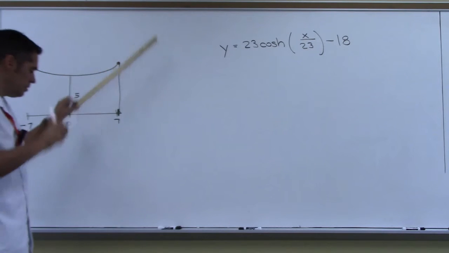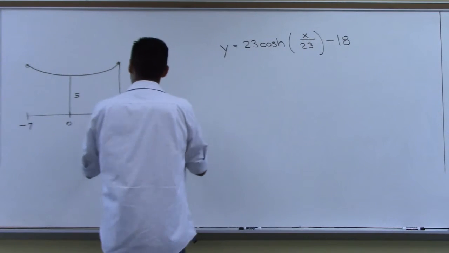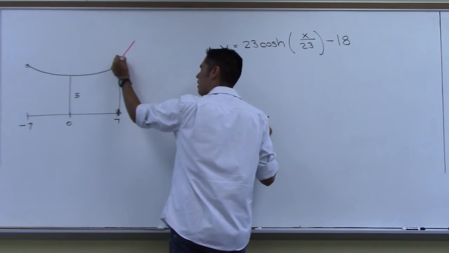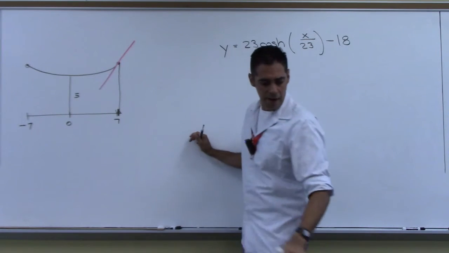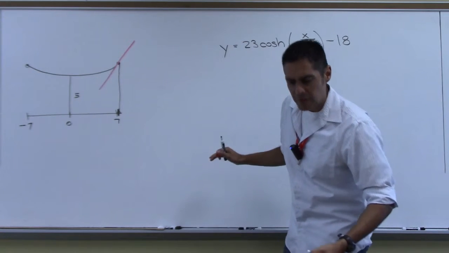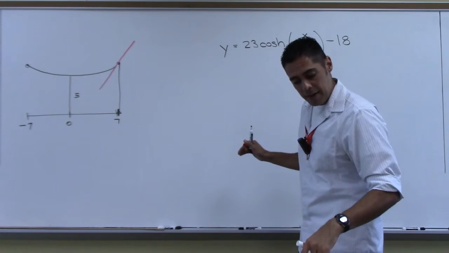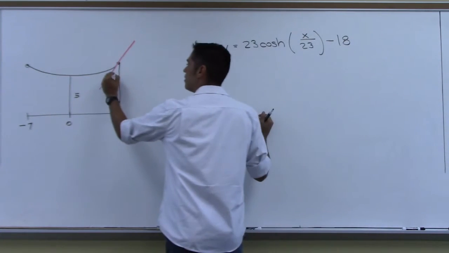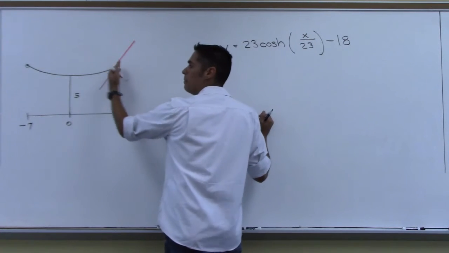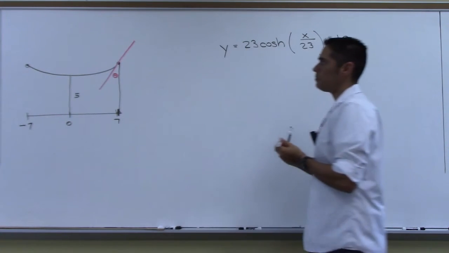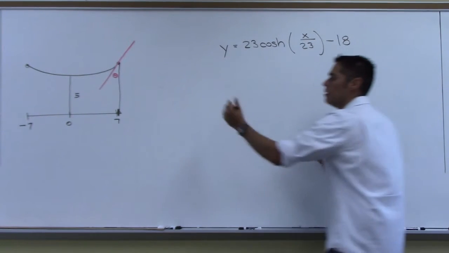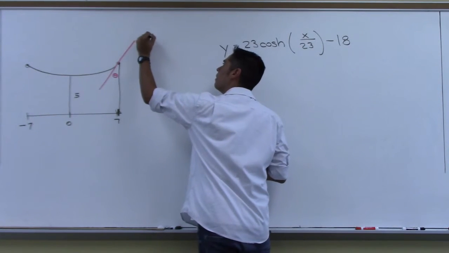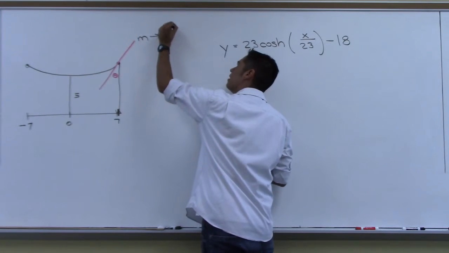If we extend that tangent line out like this, we are looking for the slope of that line. That's part A. And then part B, it says find the angle between the line and the pole, which would be this angle, theta, the one between these two. Right? So how do we find the slope of that line? What's the slope of this line? That's the derivative, isn't it?